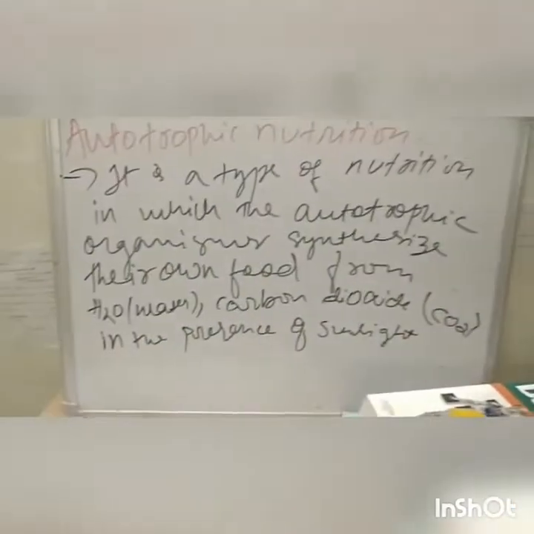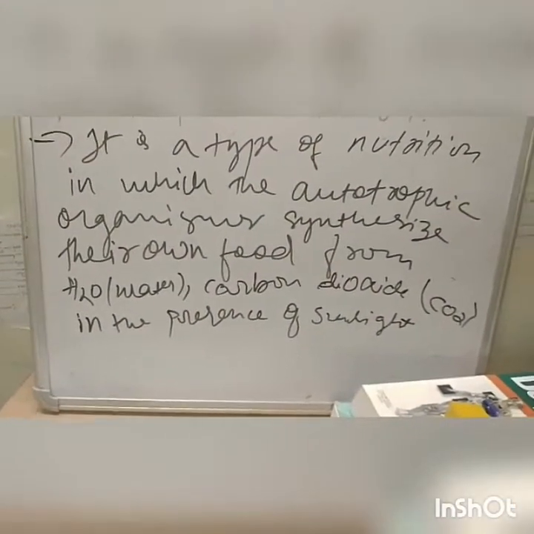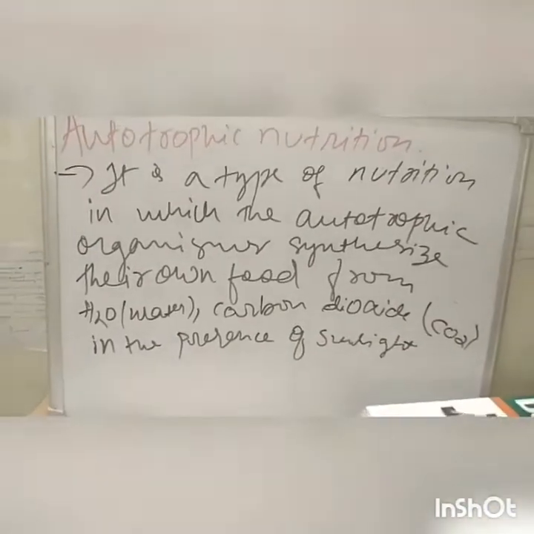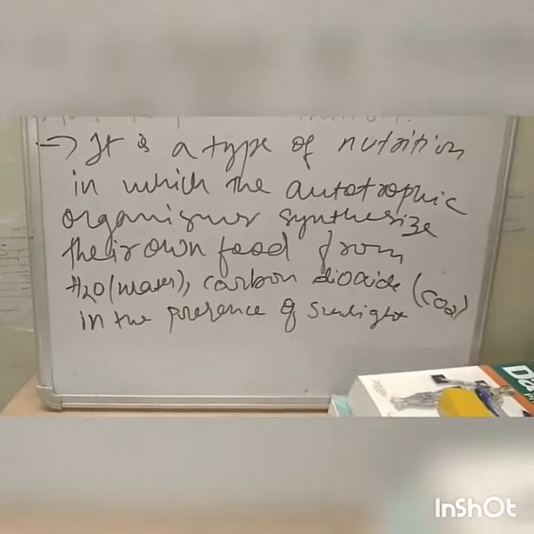So this is a standard definition of autotrophic nutrition. It is a type of nutrition in which the autotrophic organisms synthesize their own food from water and carbon dioxide in the presence of sunlight.